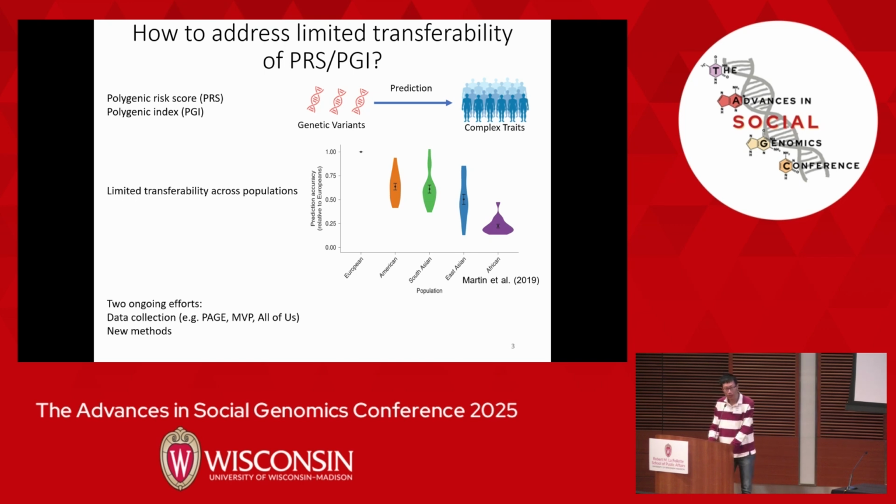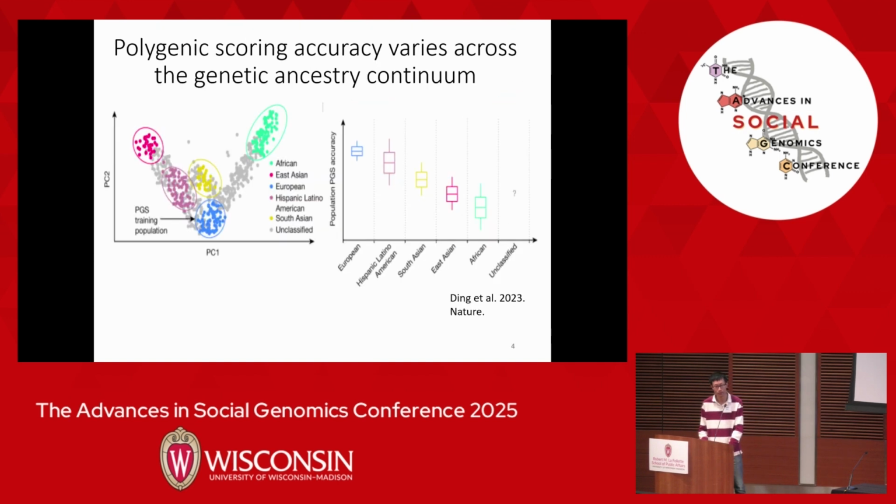In the past 5 years, there have been ongoing efforts from both the data collection and method development sides to try to solve this issue. From data collection, we have PAGE, MVP, and All of Us. They are collecting more and more admixed individuals into GWAS, which also creates opportunities to develop new methods to analyze the data.